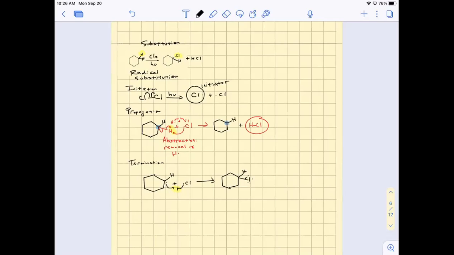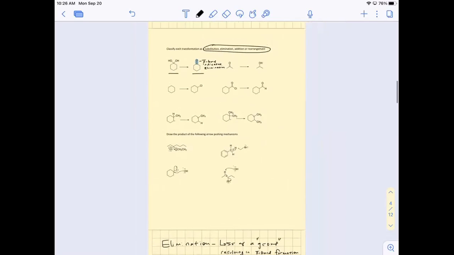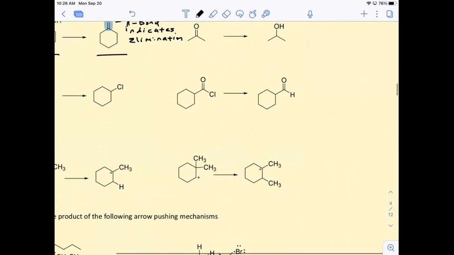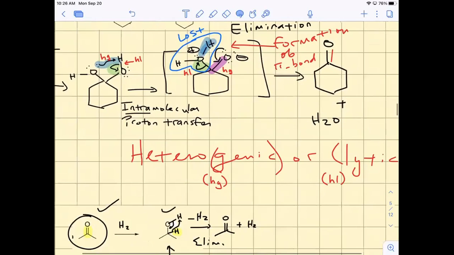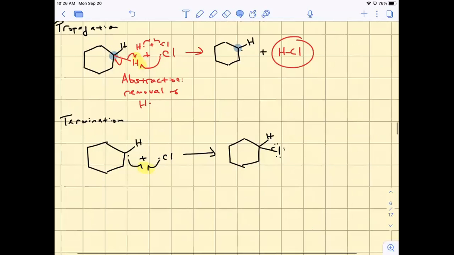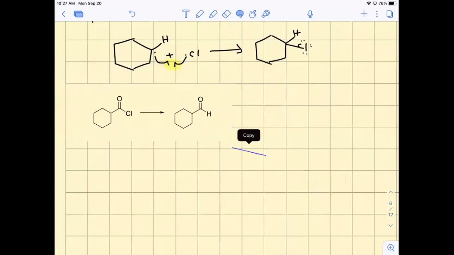All right, let's pick another one. We'll just go in order. Let's take this one. And then the two on the bottom we'll do together because they both fall into the same category. All right, what do you think?